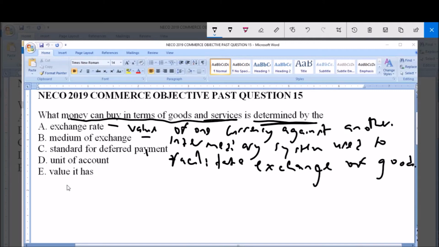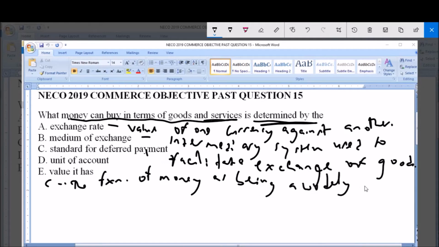Option C, which is standard for deferred payment, refers to the function of money as being a widely accepted way to value debt.